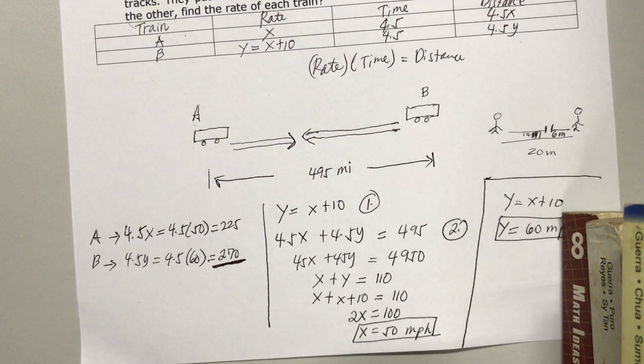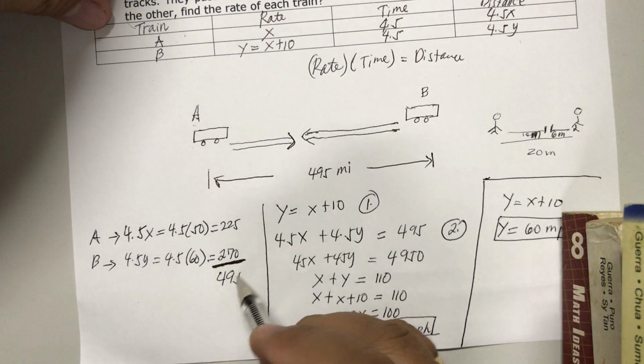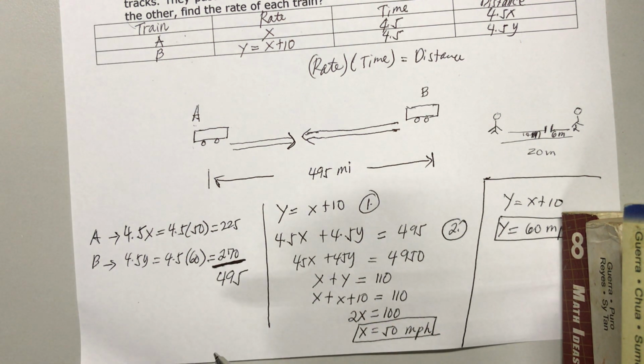What do you think will be the result when you add the distances covered by both trains? When you add 225 and 270, you get the sum of 495. Take note, 495 is the distance between train A and train B before they started traveling toward each other.